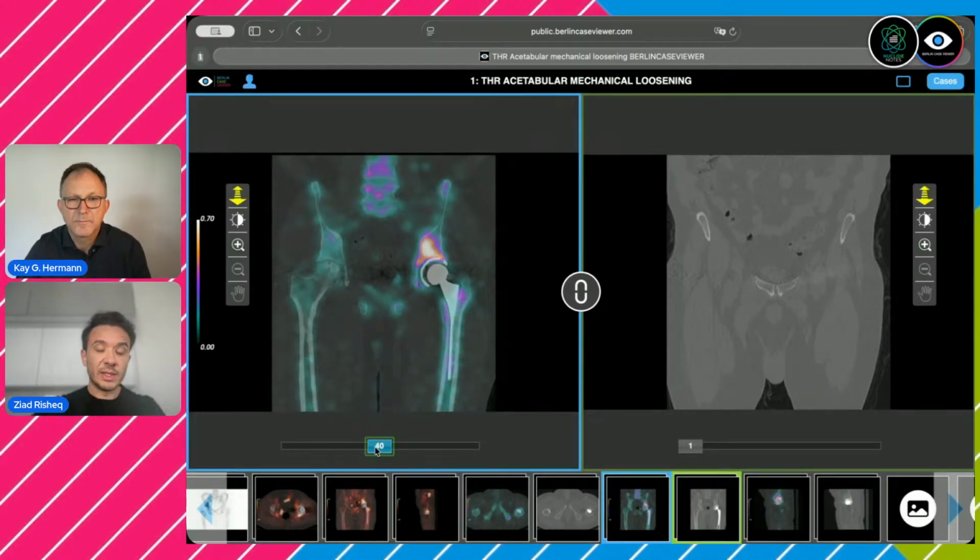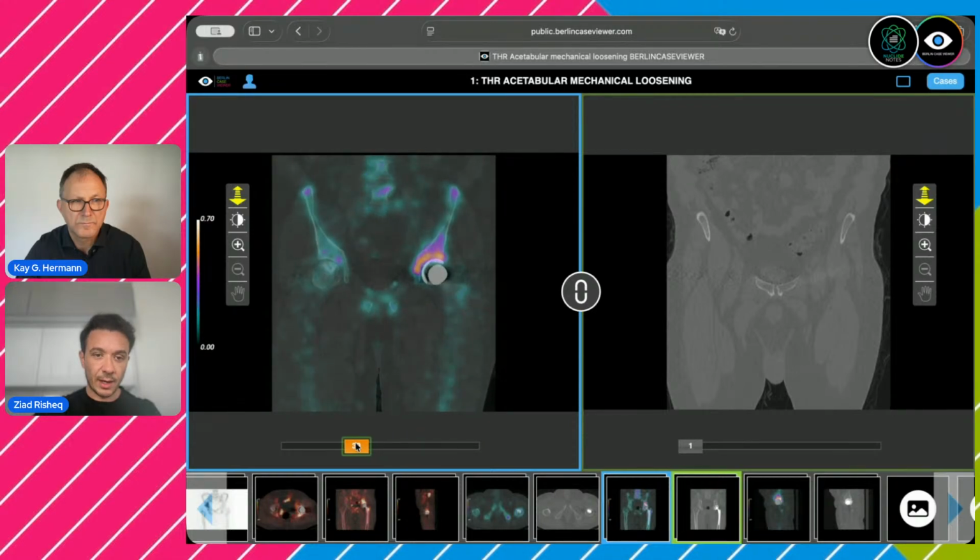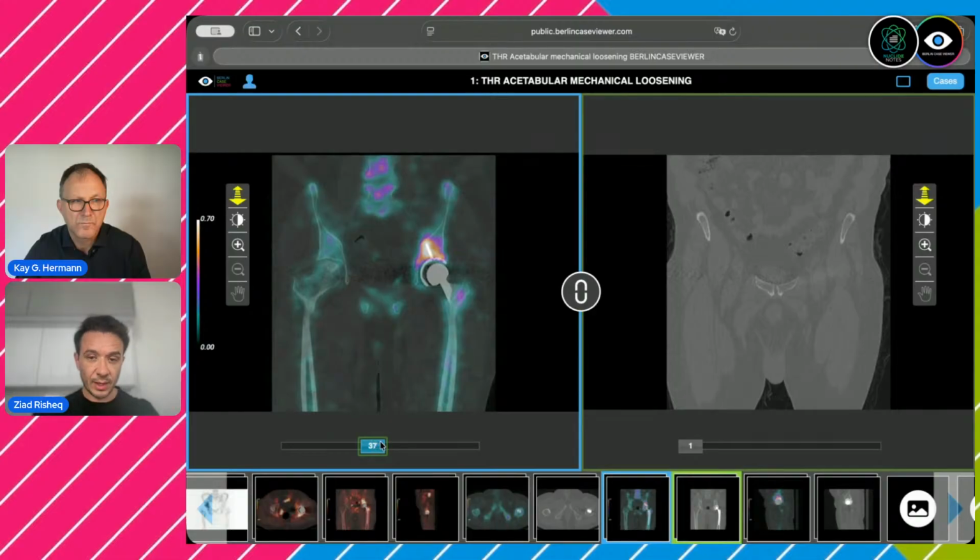And usually we see a corresponding lucency. Or you can have an uptake over two contiguous zones, for example, in zone 1 and in zone 2, and there is a corresponding lucency. And when you see this appearance, you have to think of either septic or aseptic loosening, depending on the CT findings that you see.